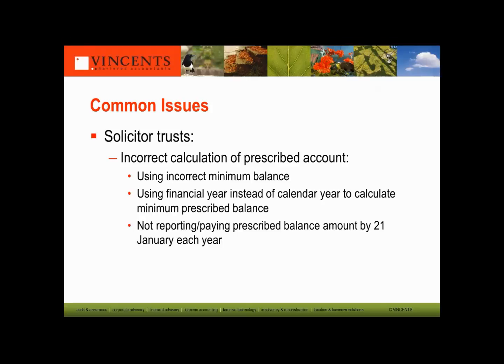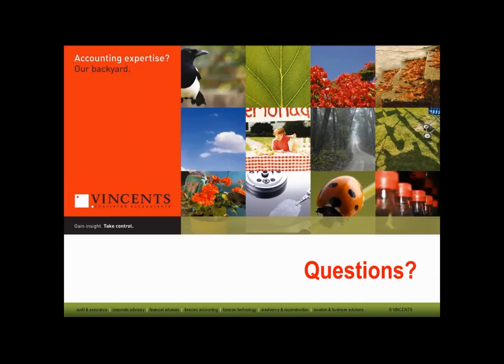It's easy to identify the incorrect minimum balance. It's also easy to use a financial year rather than a calendar year to calculate that minimum prescribed balance. Quite often we see that, but when you're calculating your prescribed account, you must go off a calendar year.